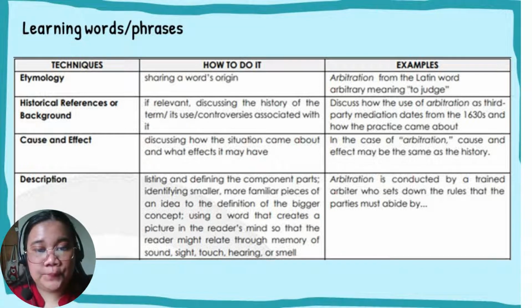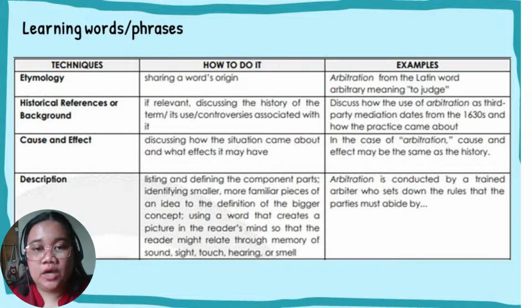listing and defining the component parts, identifying smaller or more familiar pieces of an idea to the definition of the bigger concept using words that create a picture in the reader's mind so that the reader might relate through memories of sound, sight, touch, hearing, or smell.